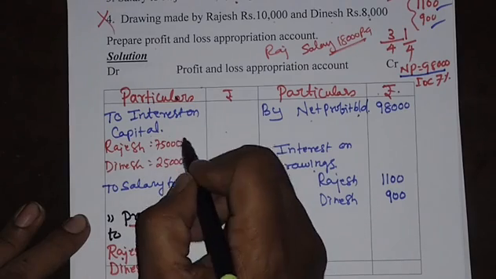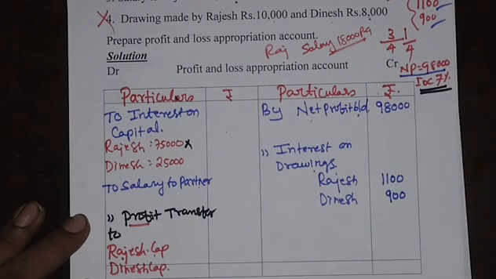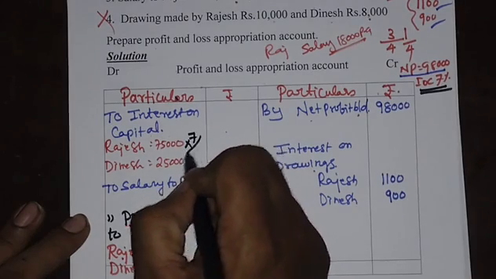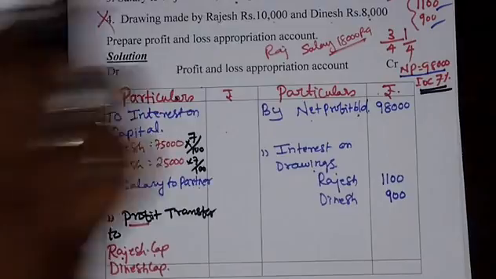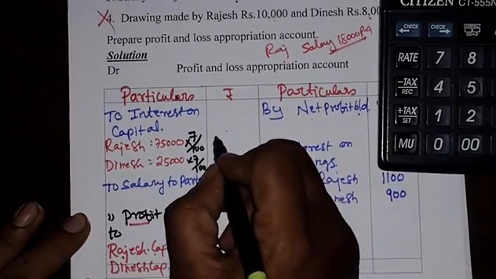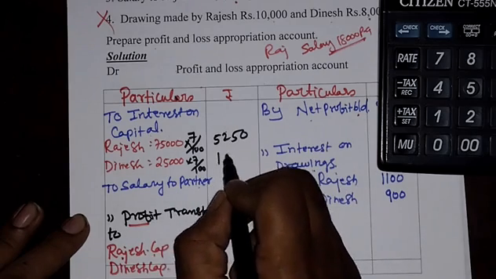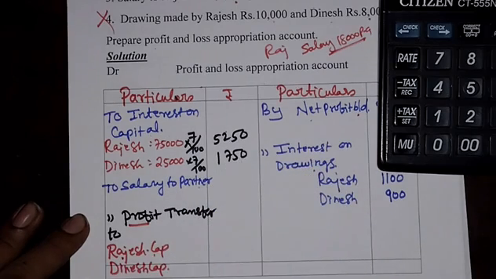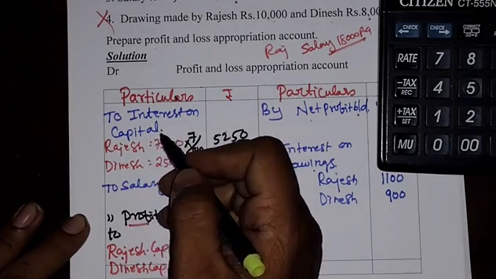On that we have to calculate interest on capital at 7%. 7 by 100. Yes. Now we have to calculate. For the first partner we get 5,250 and for the second partner it is 1,750. Now interest on capital is finished.